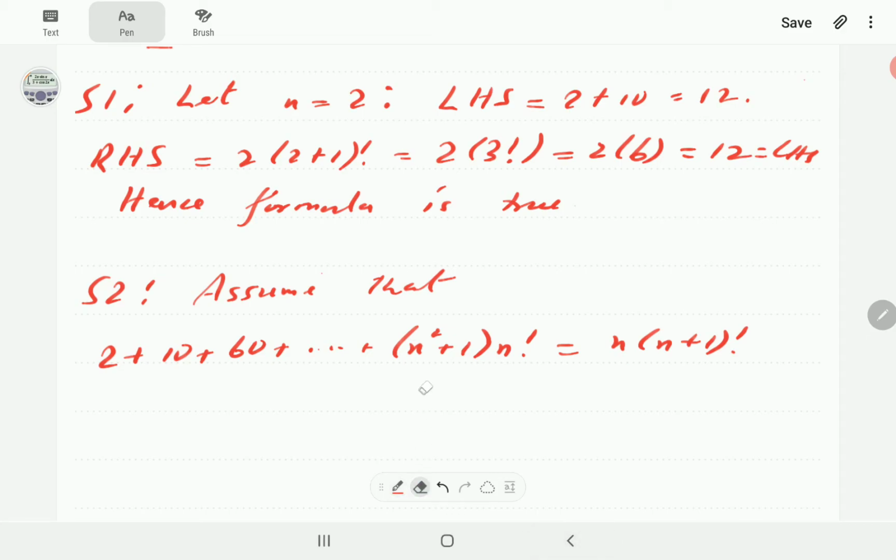These must be replaced by k. So k factorial and k there. So assume that this is true for n equals to k, where k is a natural number.